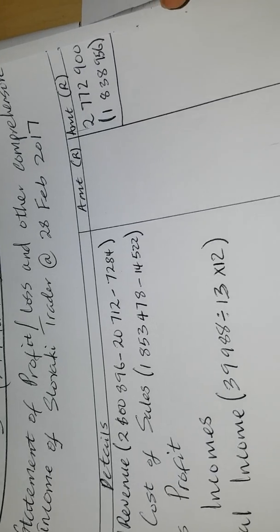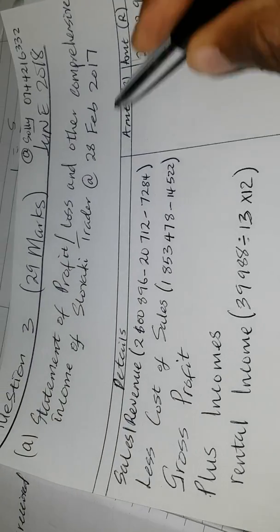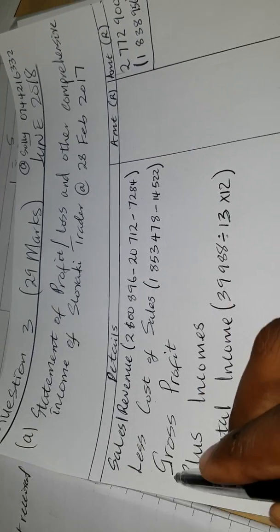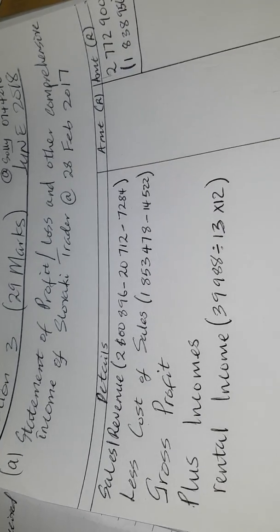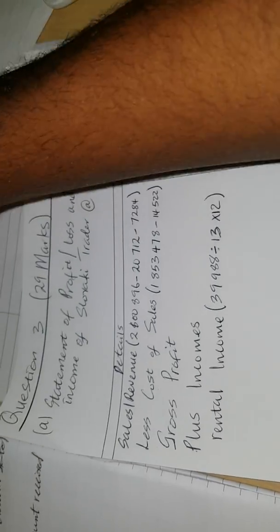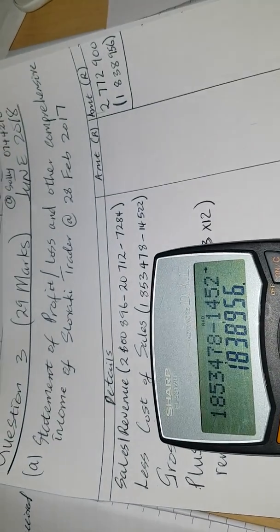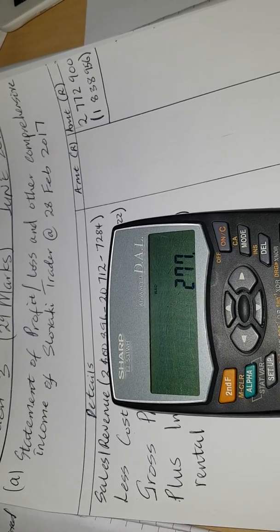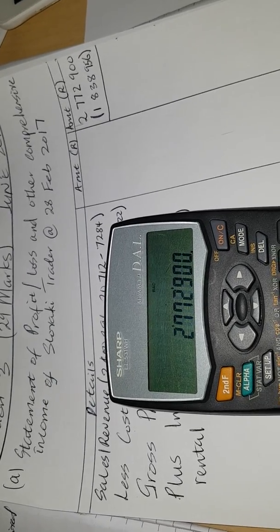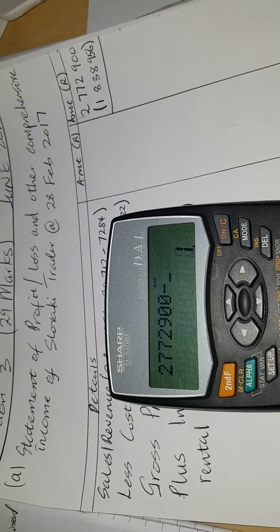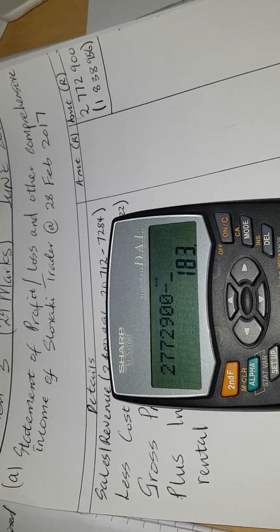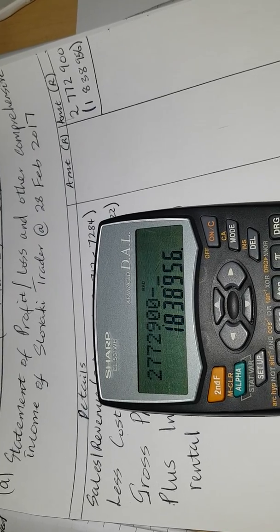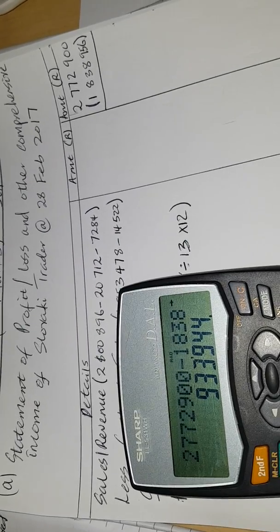So the difference between the sales and the cost of sales is what we call gross profit. So what is the difference between the two? I'll take my calculator here. I'll say 2,772,900 minus 1,838,956.